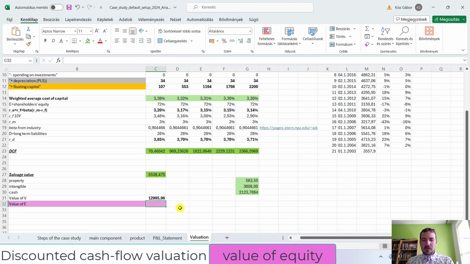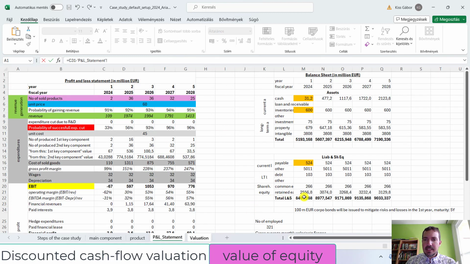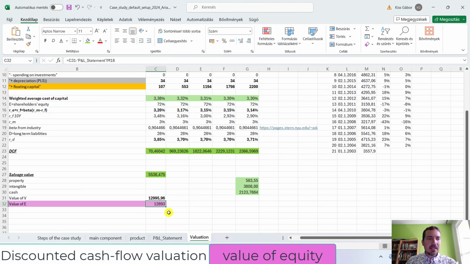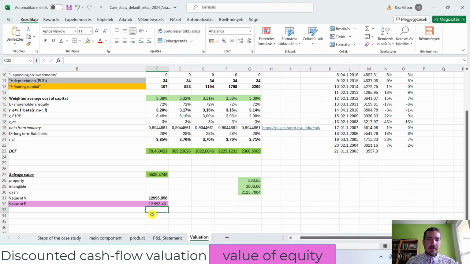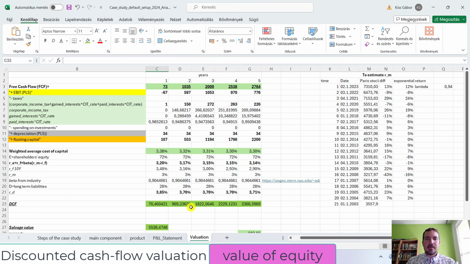And then obviously we have to remove the debt, which is this number. Then we can see that the value of the enterprise will be, at least in my scenario, nearly 13 billion euros. Not bad.